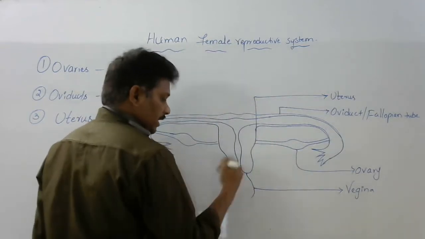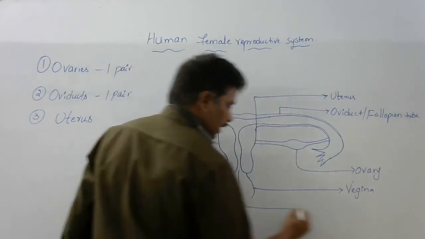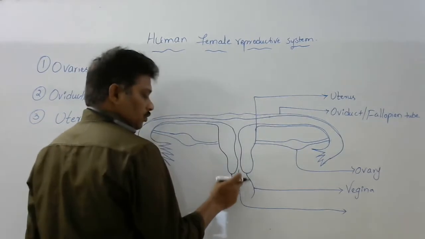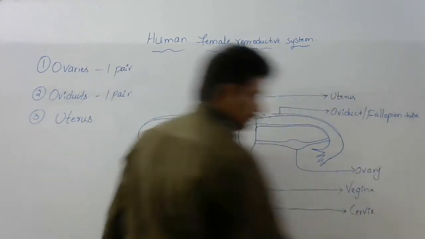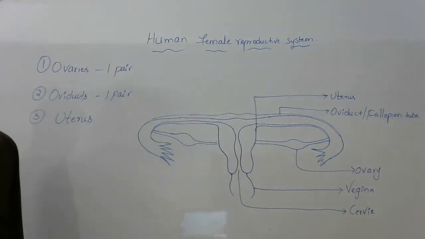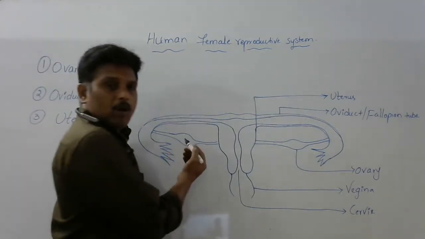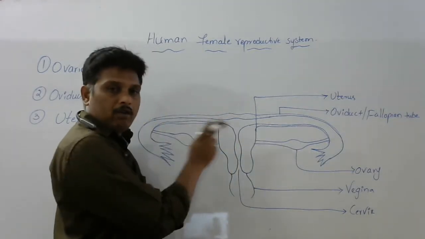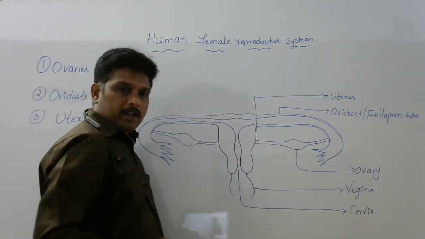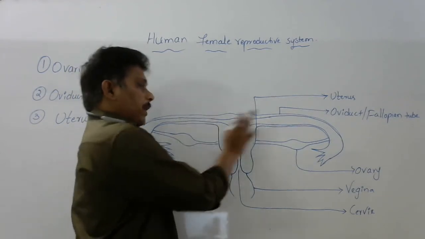The vagina is the female genital organ, and the part where the uterus opens into the vagina is called the cervix. Now, a pair of ovaries, one on the right side and another on the left side, are present in the abdominal cavity. Next, a pair of oviducts.